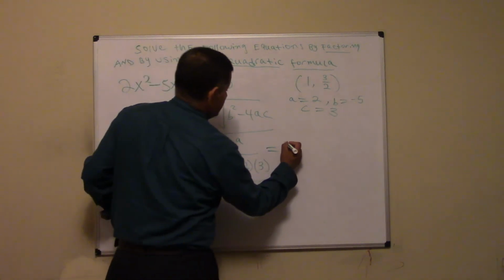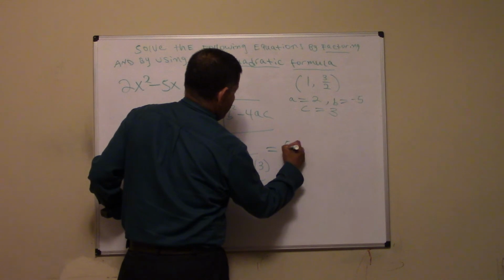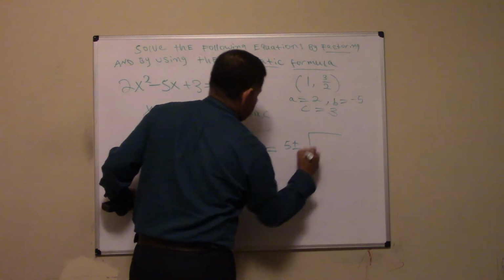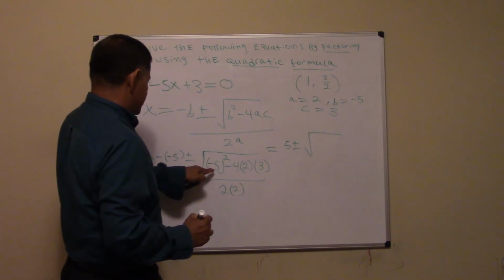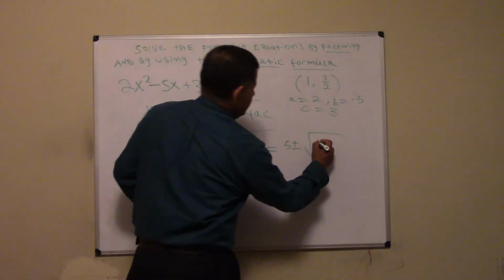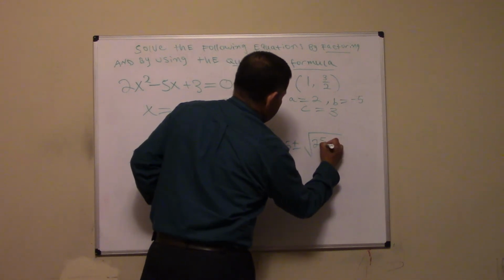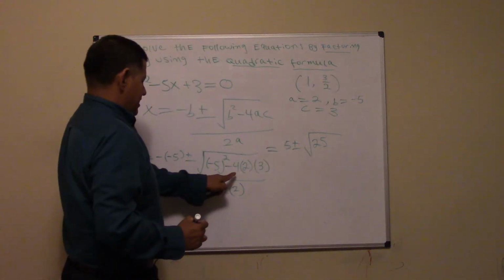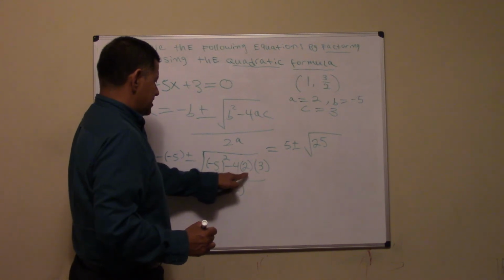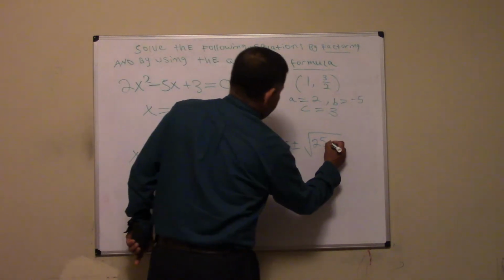So that is equal to plus 5 plus or minus the square root of negative 5 squared, which is 25, minus 4 times 2, which is 8, times 3, which is 24, right?